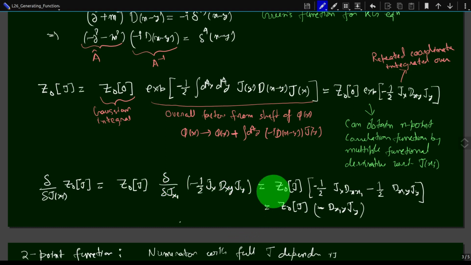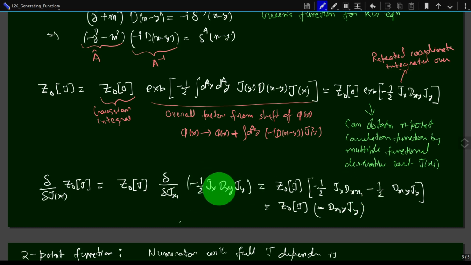If you take the derivative of the exponent, first J(x) will act: you take the derivative of J(x) on the right side, and it will give me J(x) D(x, x1), using the delta function and integrating out one of the variables.